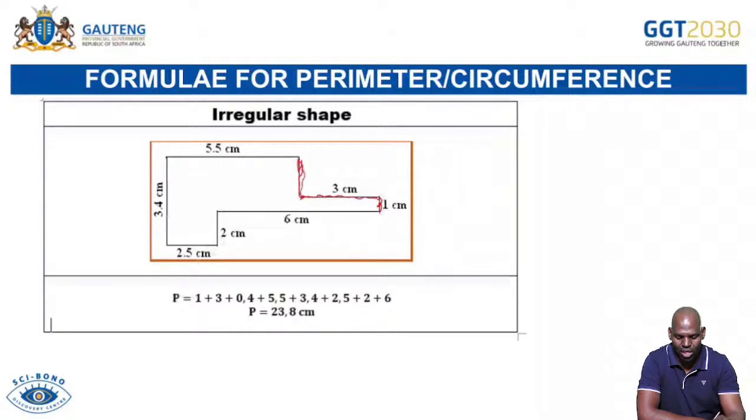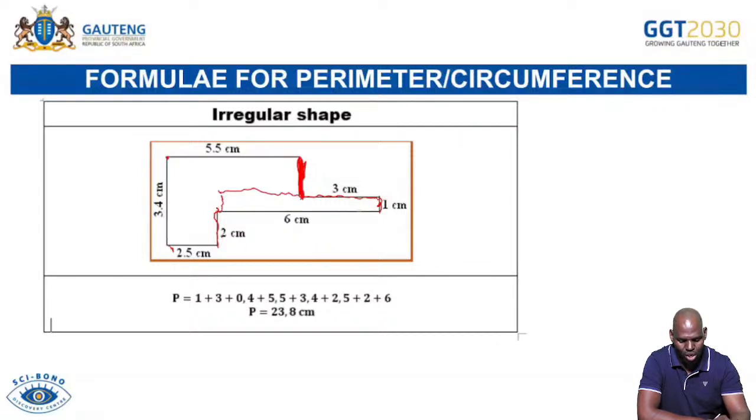If this one is not indicated, it means somehow you need to determine what the value of this section is. How are you going to find it? If you look on this side, from this point to this point is 3,4. Okay, so in this case we've got 2, and then we've got 3. Okay, so it's 3.